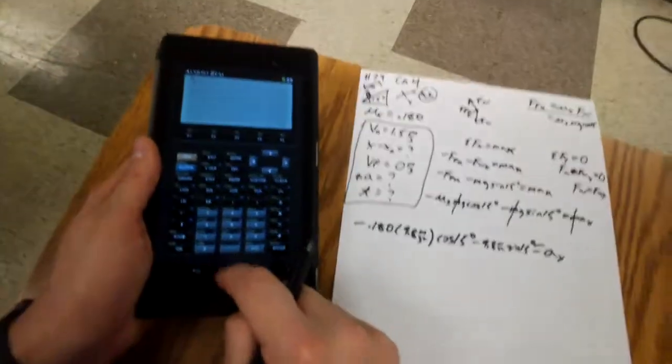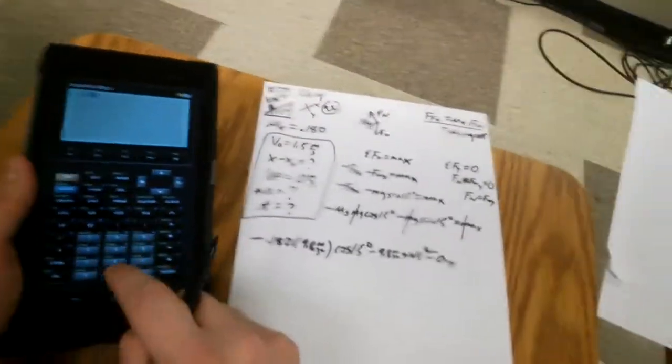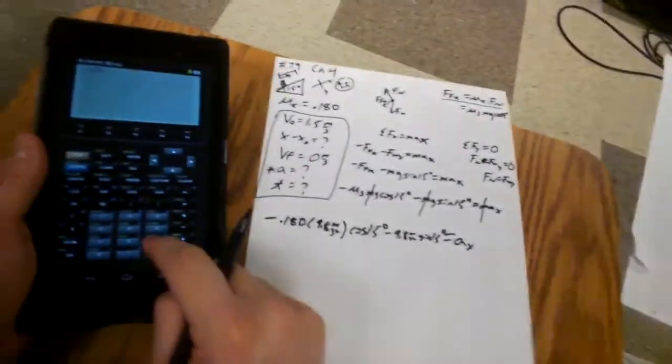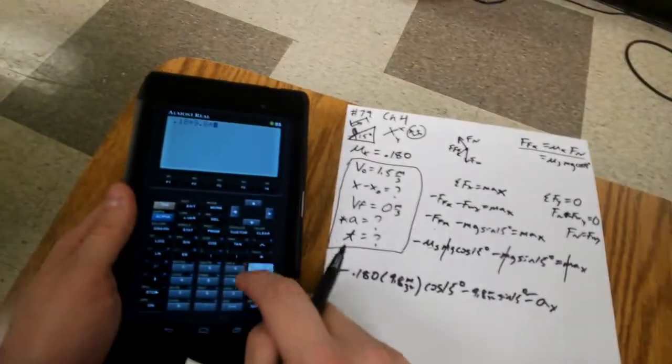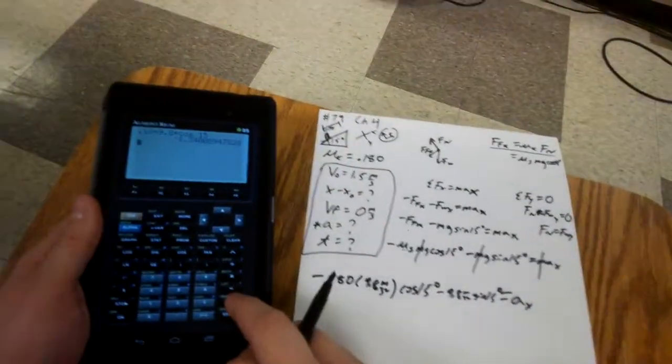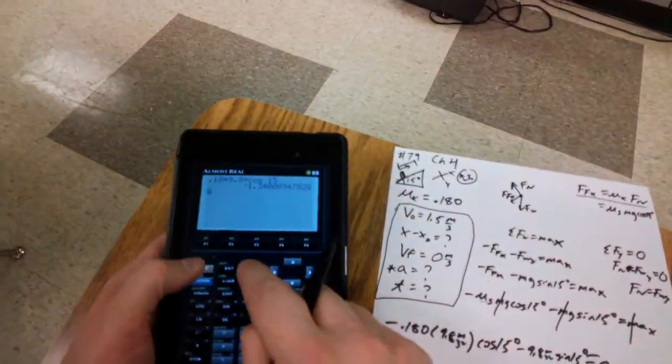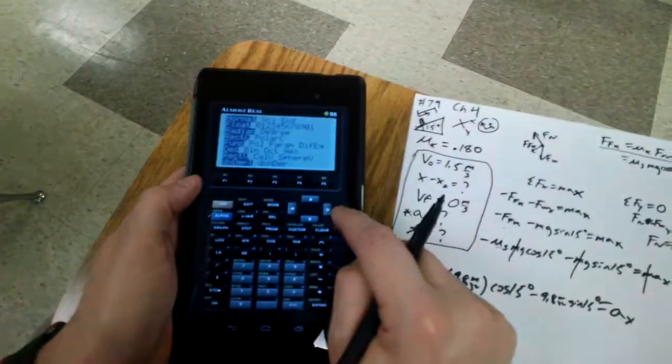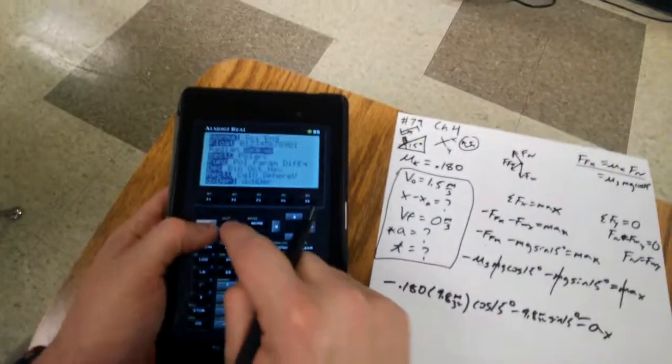Okay, so let's see here. We got 0.18, and don't worry, I'll take care of the signs. 0.18 times 9.8 times cosine of 15, and uh-oh, that shouldn't have happened. We were in radians. There we go.